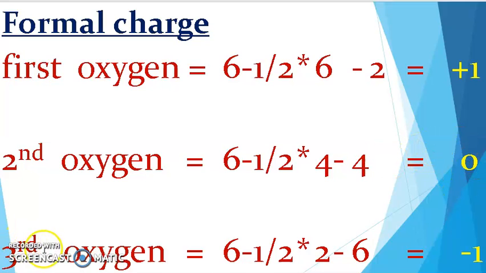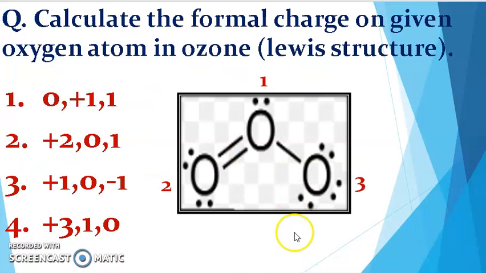So what about the third oxygen atom marked here? They are having 1, 2, 3, 4, 5, 6 lone pair electrons here. Totally 8 electrons, and in that 6 are non-bonding lone pair electrons. So from that 8, 6 electrons are subtracted, you will get 2 electrons.